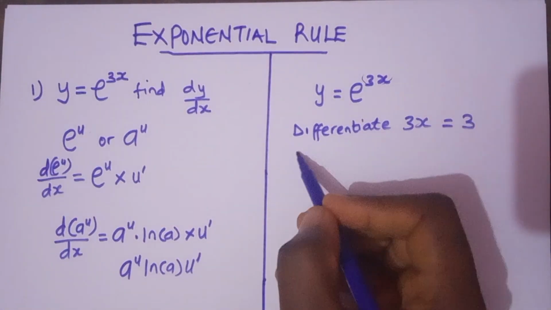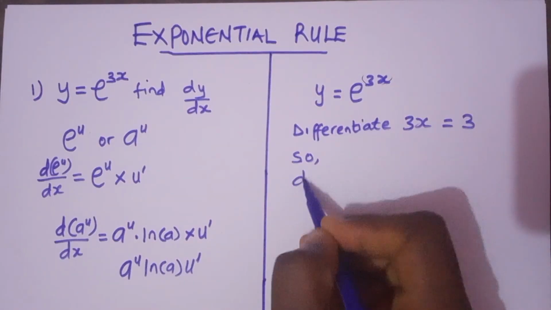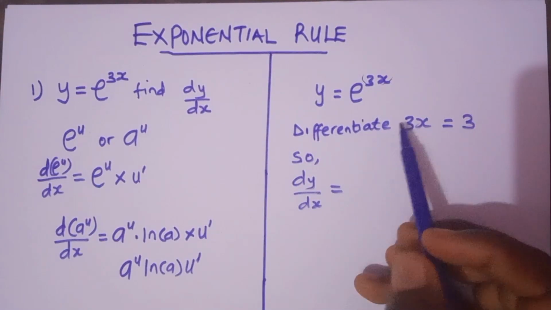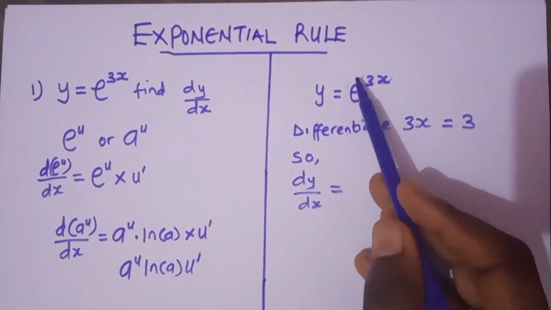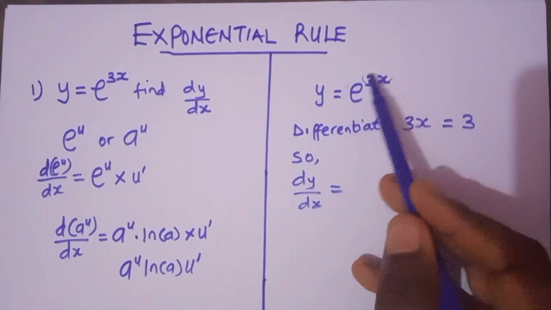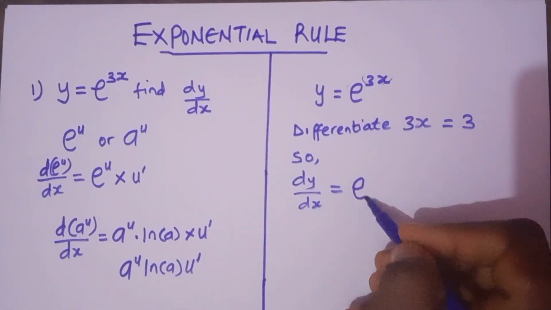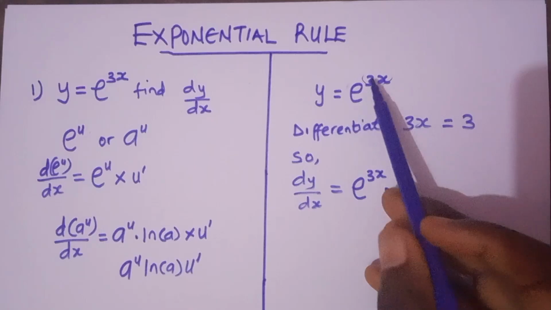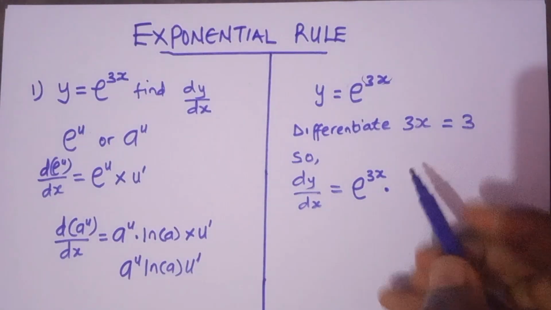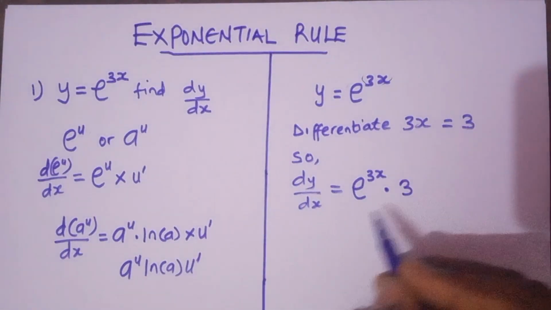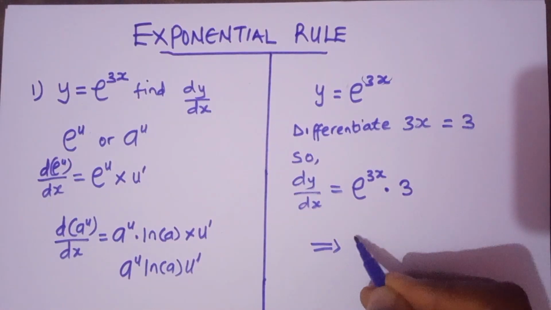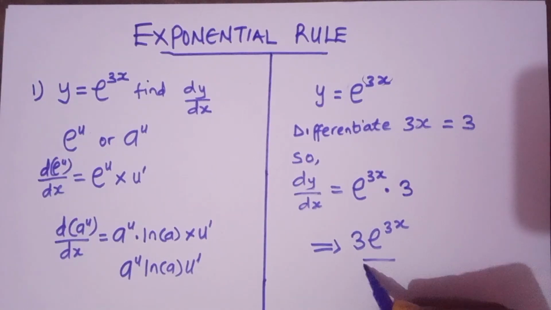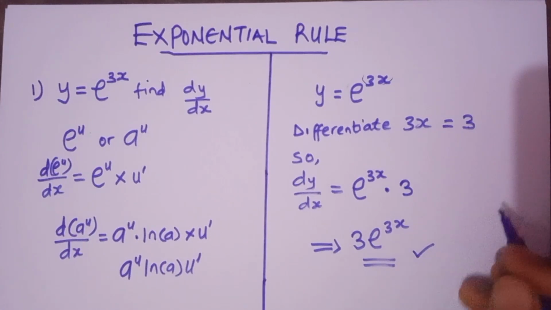So dy/dx is equal to, remember, you copy the same function given, that is e raised to power 3x, then multiply it by the derivative of the power, that is 3. Multiply by 3. So the answer is 3e raised to power 3x, and that becomes our final answer.